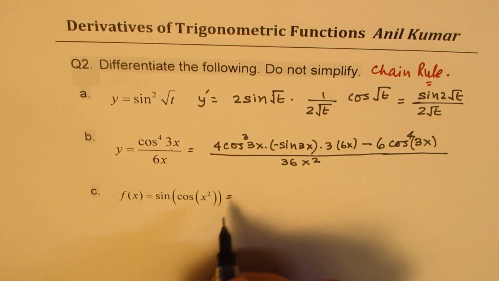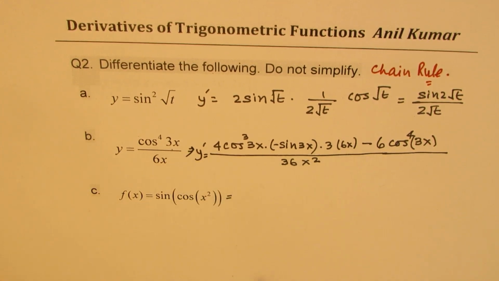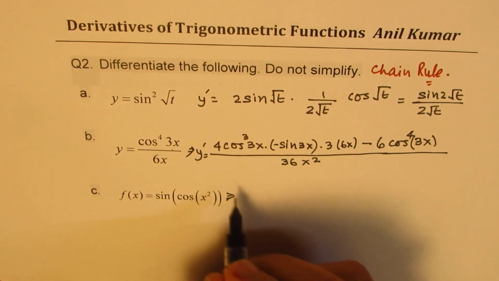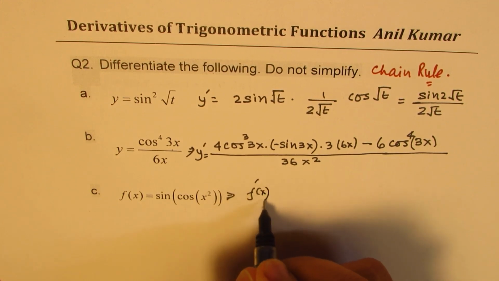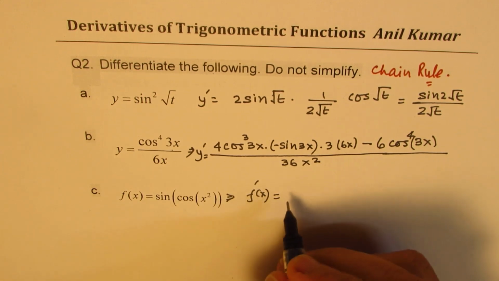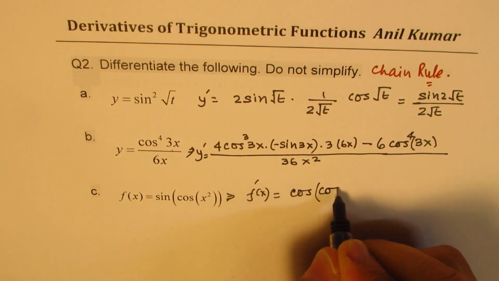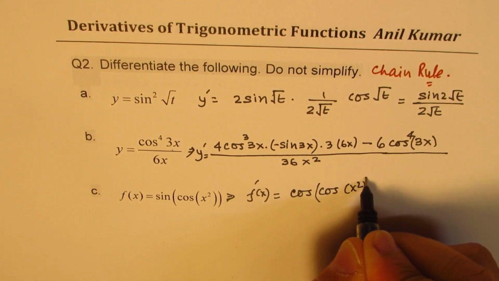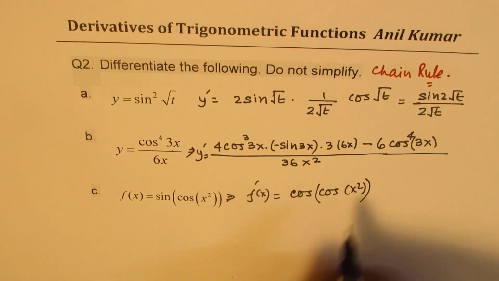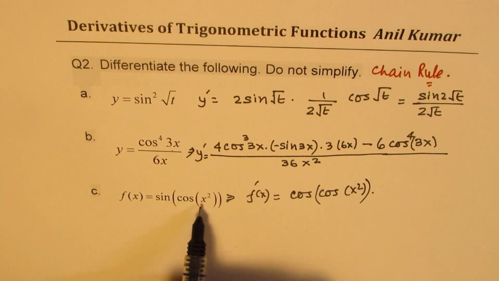The last one here, I should write y dash equals to. Okay. Now the derivative of this function f dash x. Now in this particular case, we have to work inside, right? So sine of all that, the derivative will be cos of all that, which is cos of x squared. Perfect. Now times the derivative of the inside function, which is cos x squared, right?